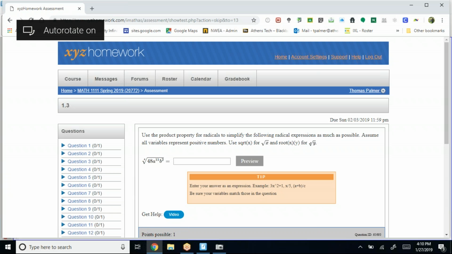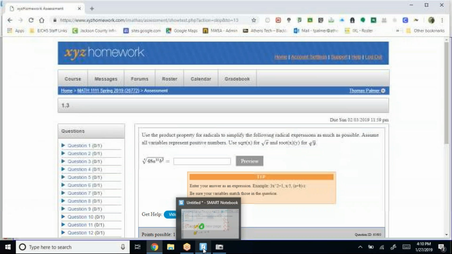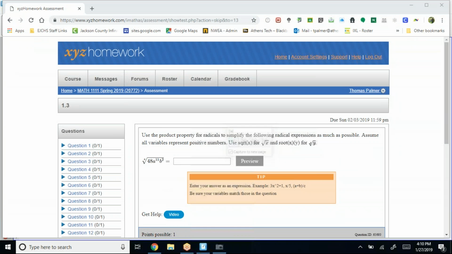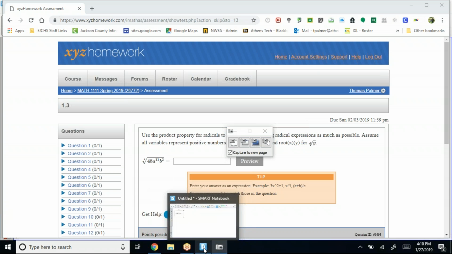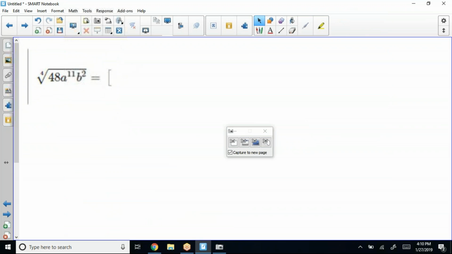Use the product property of radicals to simplify this. So the easiest way to do this would be, we know it's to the 4th power, right? So we have to find powers of 4s that would go into 48, right?